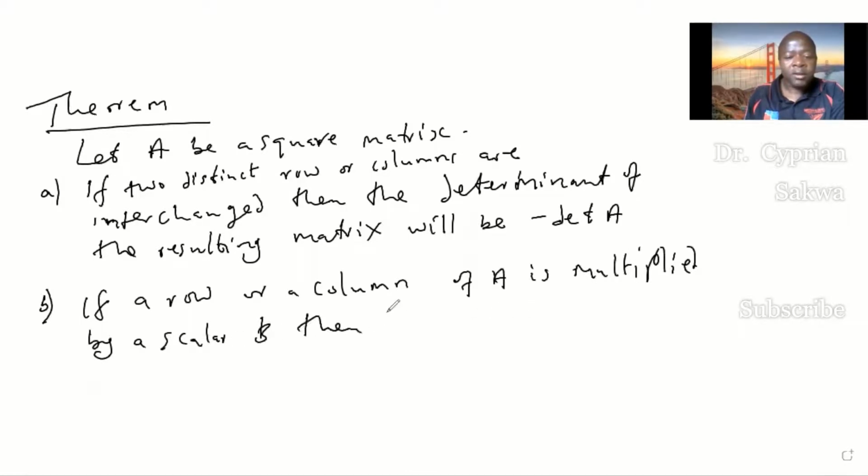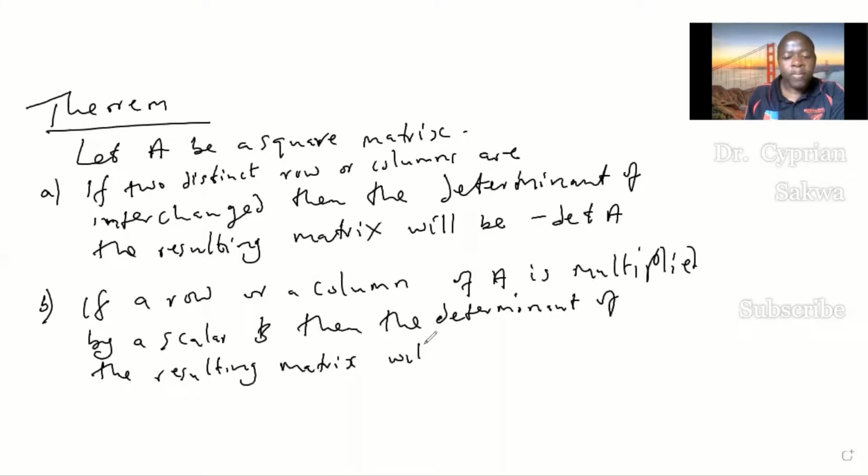and then the resulting matrix, the determinant of the resulting matrix will be the determinant of the old matrix multiplied by that scalar beta.